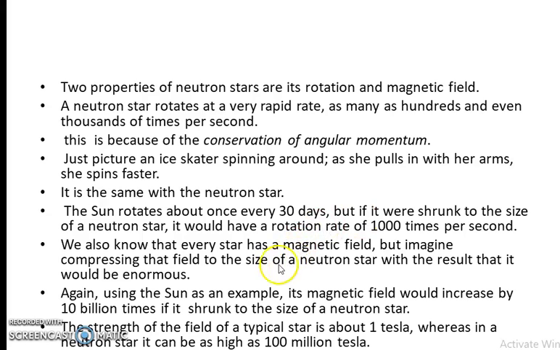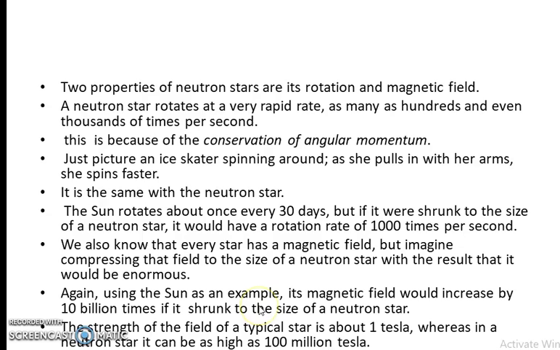And also every star has a magnetic field. But in the case of neutron stars, neutron stars are compressed, so the field is also compressed to the size of a neutron star, and therefore the corresponding magnetic field is very very very high.